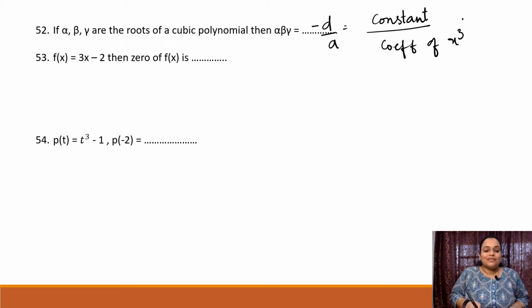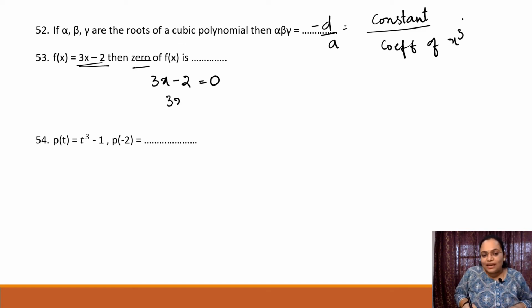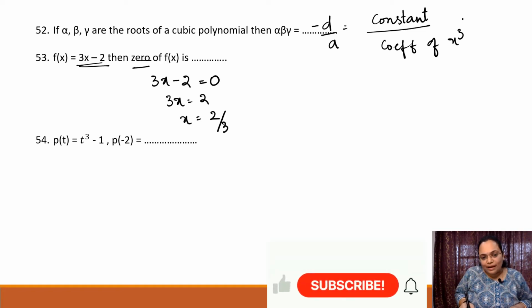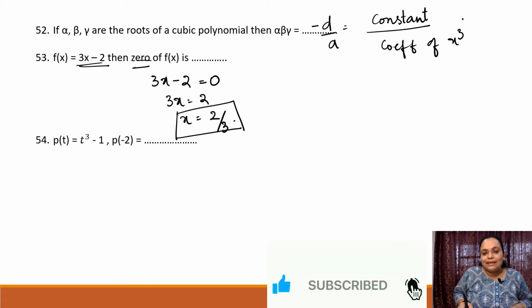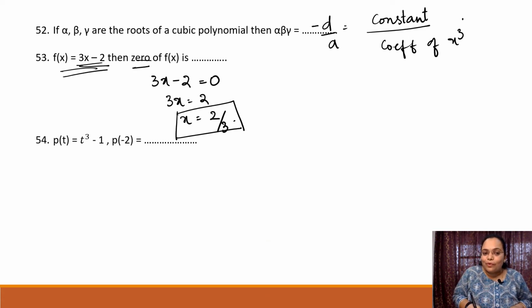So the next one is, if the polynomial f of x is 3x minus 2, then we need to find the zero of the polynomial. If you need to find the zero of the polynomial, you will take 3x minus 2 is equal to 0. 3x is equal to 2, x is equal to 2 by 3. So x is equal to 2 by 3 will be the zero of this given polynomial.